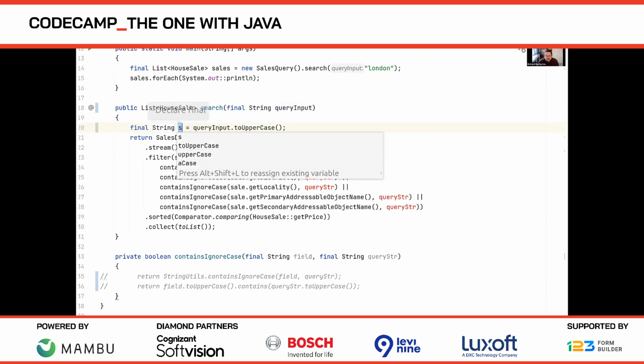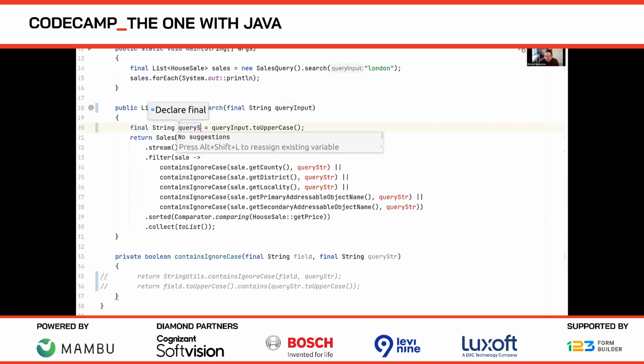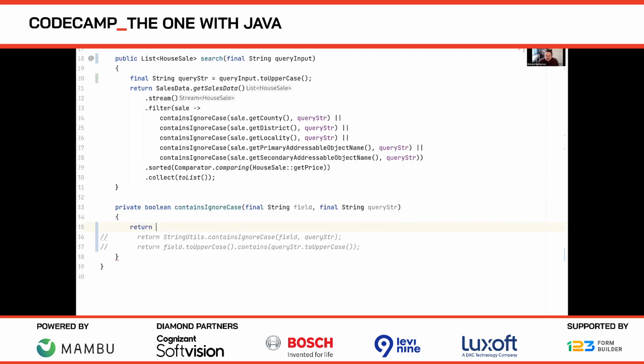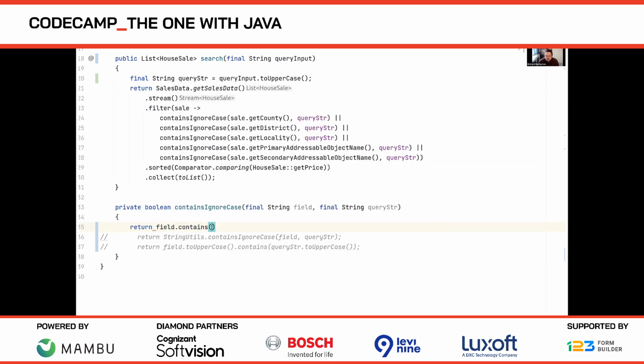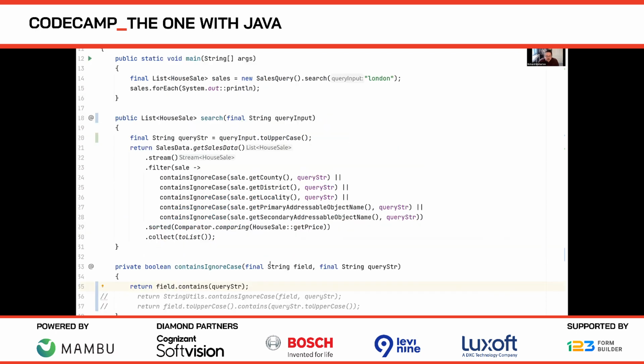We uppercase our query inputs to provide the query string and simplify things completely. We don't even need a contains-ignore-case method. We can just use the regular Java contains method and rely on the fact that the data in our data store is already in uppercase format.